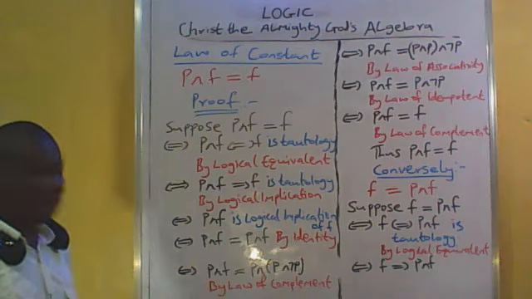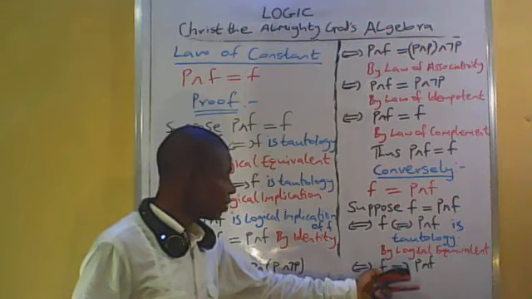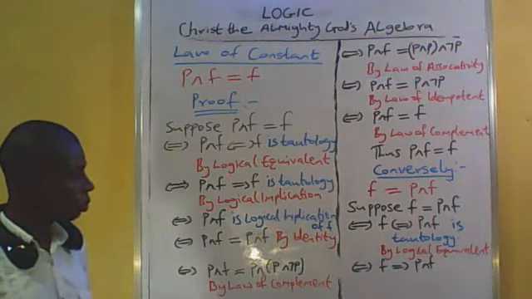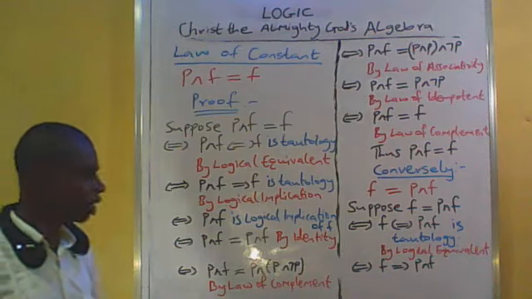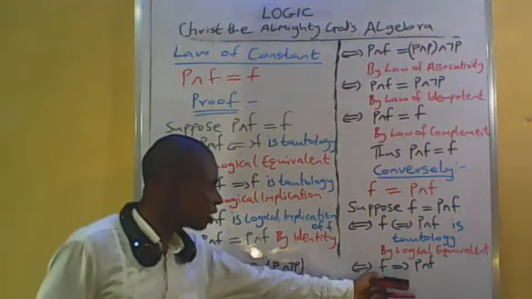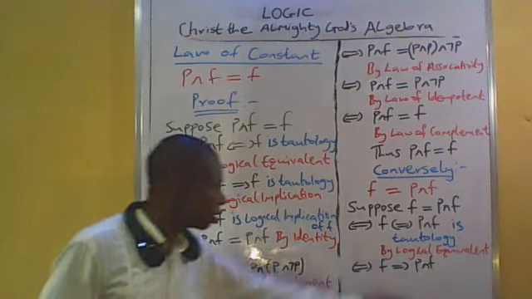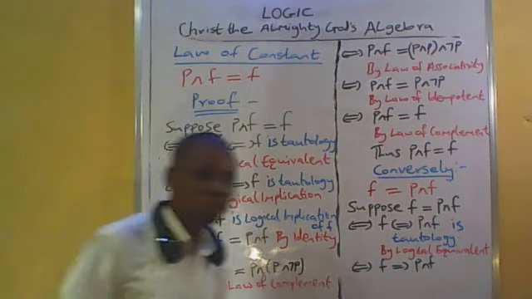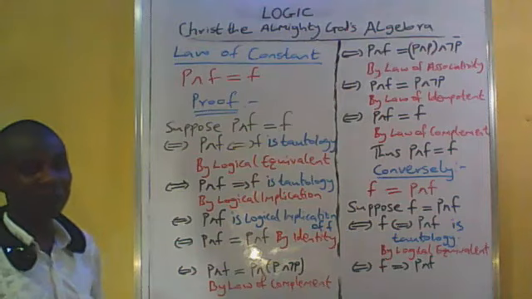Now you see that whenever the antecedent is true, the consequent must also be true. But in this case, the antecedent is f and the consequent is also f. So f implies f is always true.